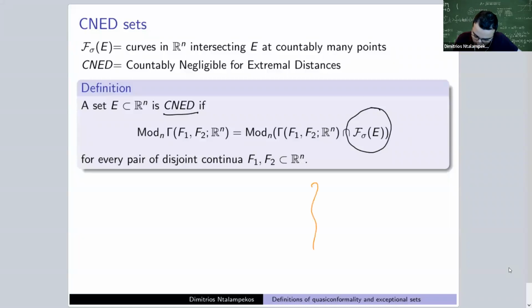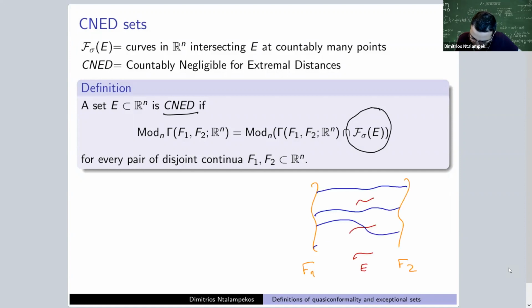Again, we take two continua, we take a set E between them, and we look at the family of curves joining the two continua. We are asking whether the modulus of the entire family of curves remains unchanged when you look at the modulus of the subfamily that intersects the set E at countably many points.